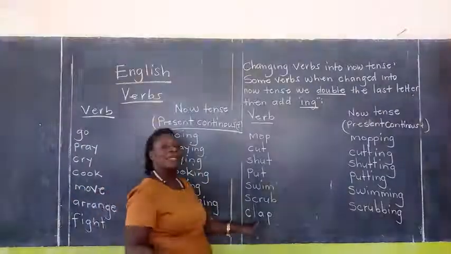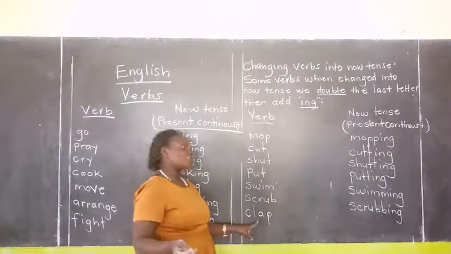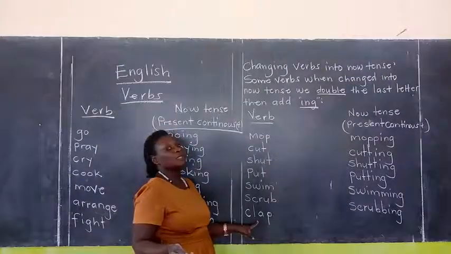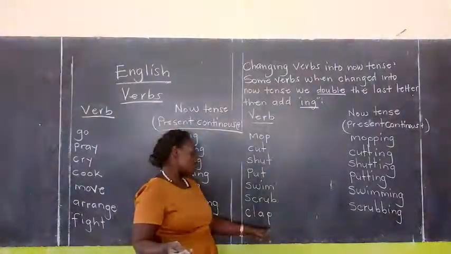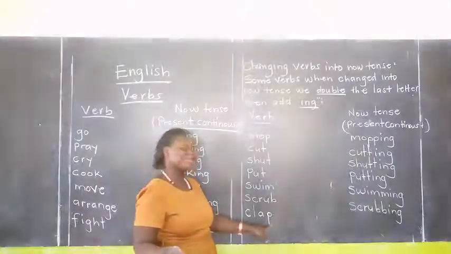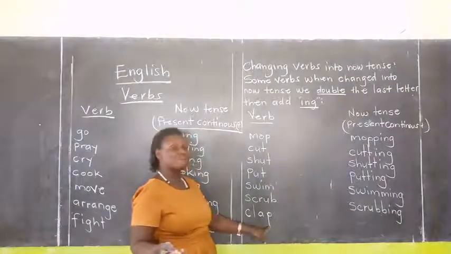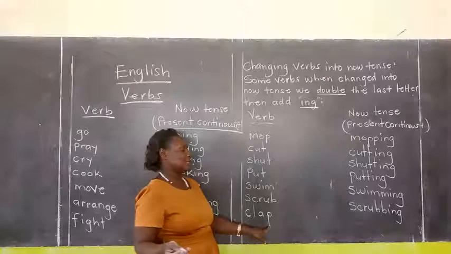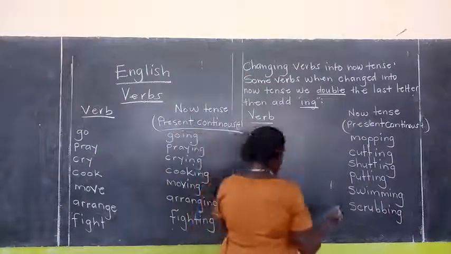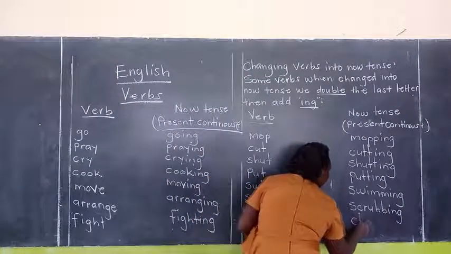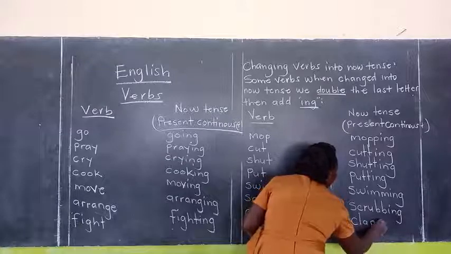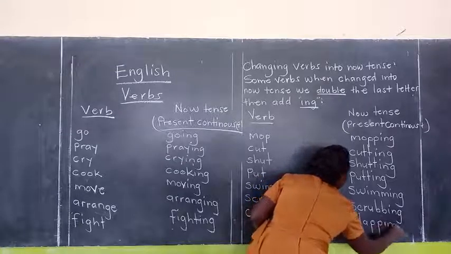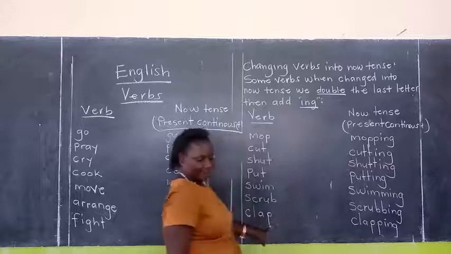So we have clap as our verb. When we are changing it into now tense, we are going to double the last letter. Which one is our last letter here? It is letter P. We are going to double it and have PP. We have clapping.